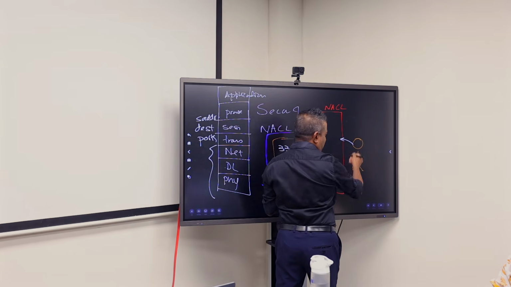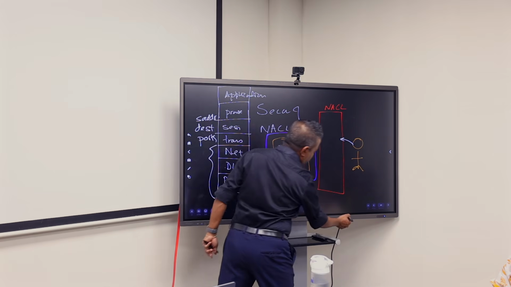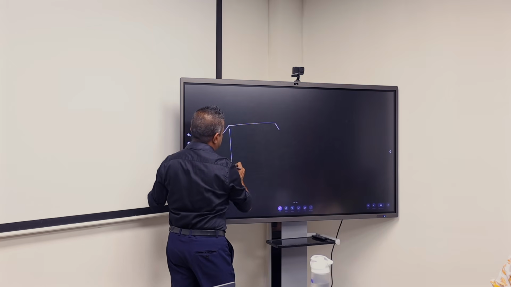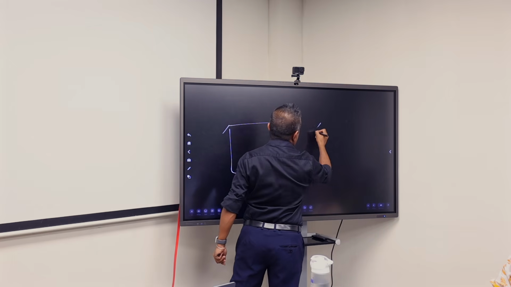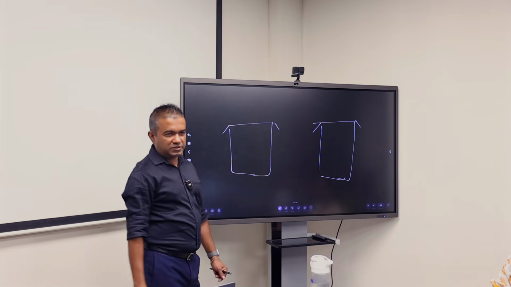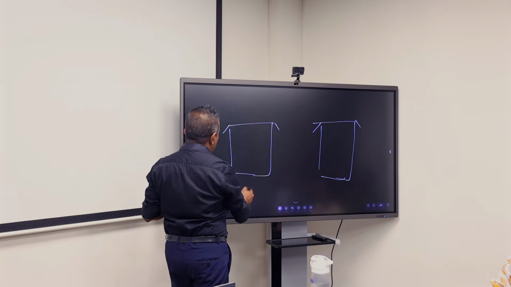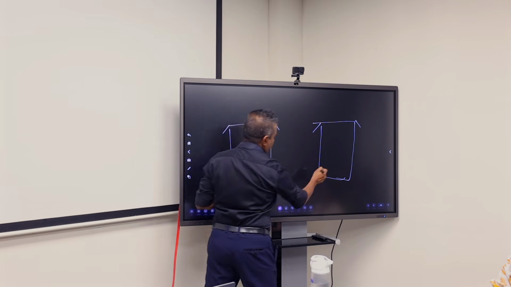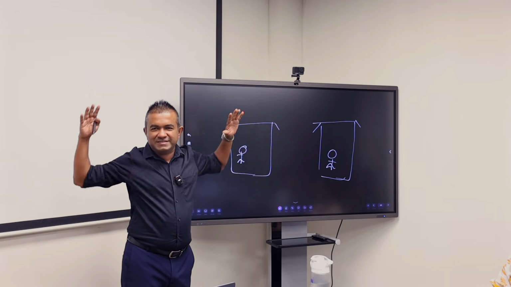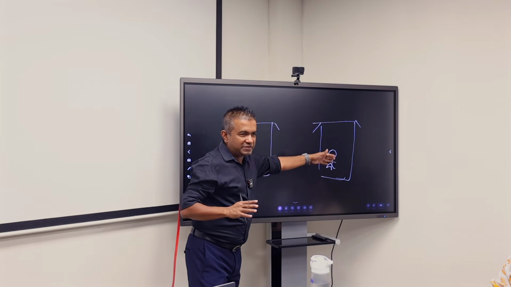Let's use an example: we are in two adjacent houses, with no firewall in between. There is one person here and one person here. If the walls are fully sealed in both houses, we cannot communicate.